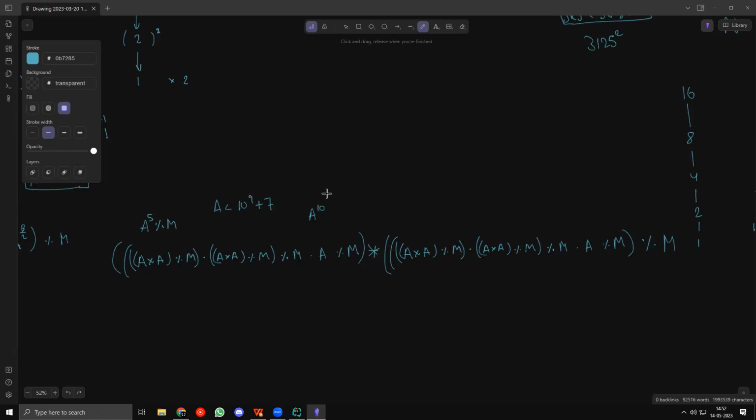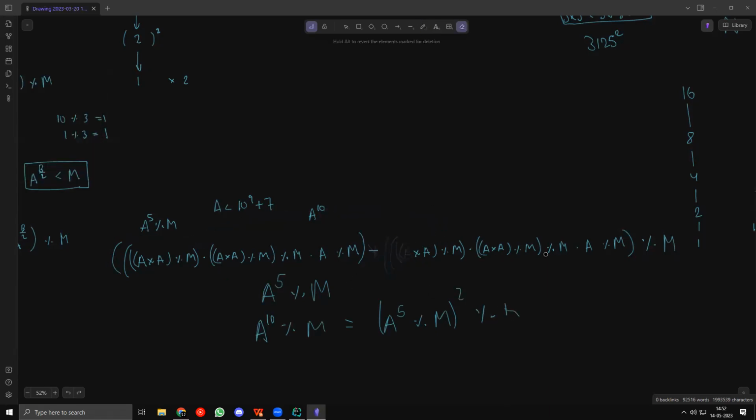Any doubts here? Like if I have a to the power of 5 modulo m, then clearly a to the power of 10 modulo m is equal to a to the power of 5 modulo m into a to the power of 5 modulo m, which is just a to the power of 5 modulo m squared modulo m, right? So here when I multiply these two things, I'm just saying, well, take the square over here, right?